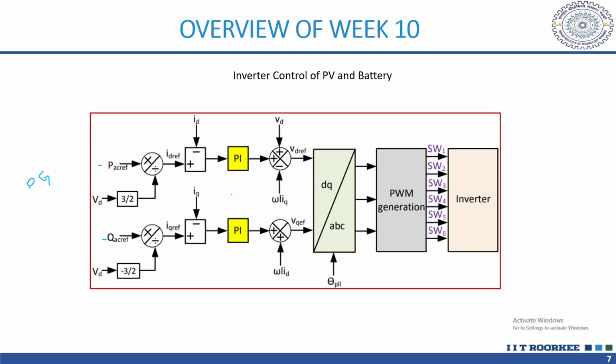Basically, here this was in DQ frame, so we will convert DQ to ABC frame and send the PWM pulses to the actual inverter. So you can say that up to this part, it will be in the software. These actual quantities you can get through sensors basically.